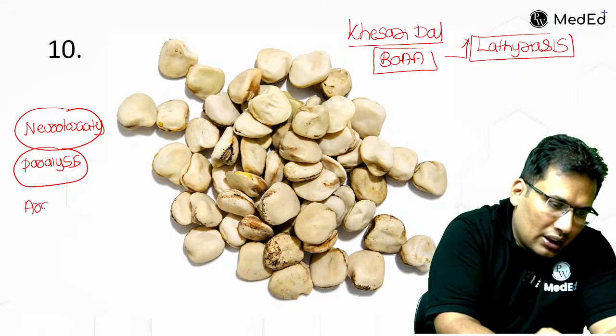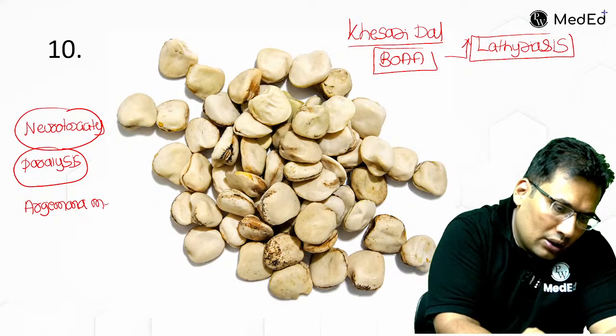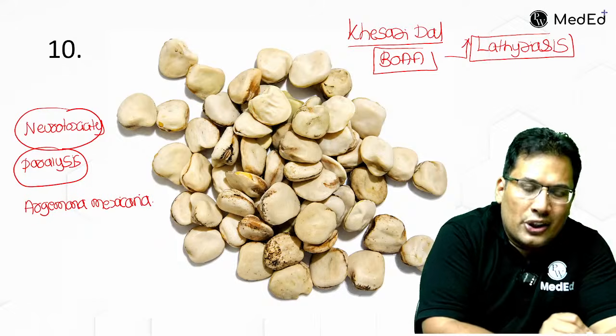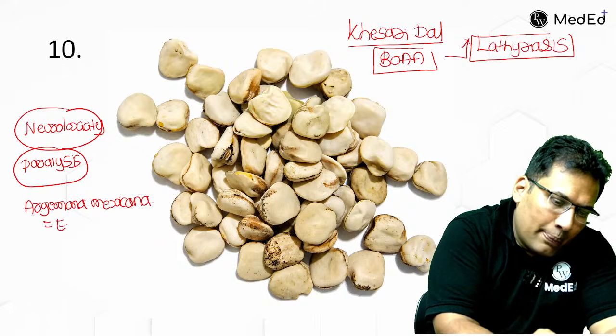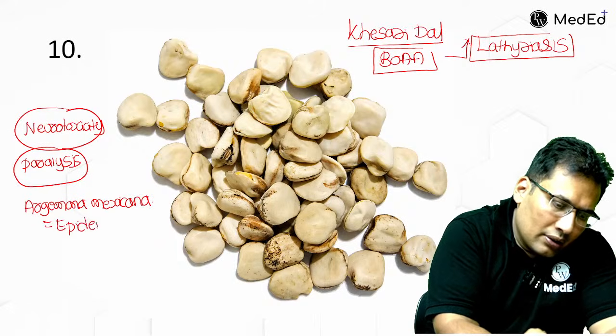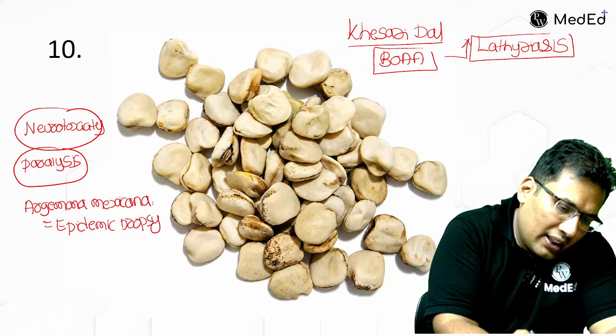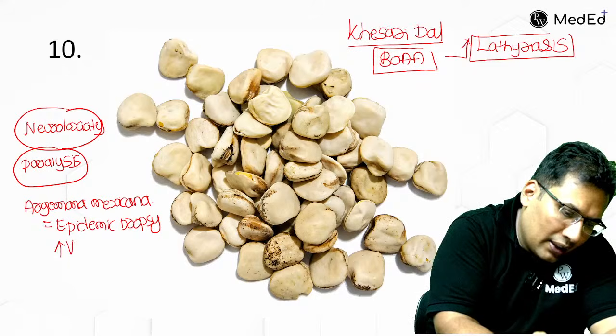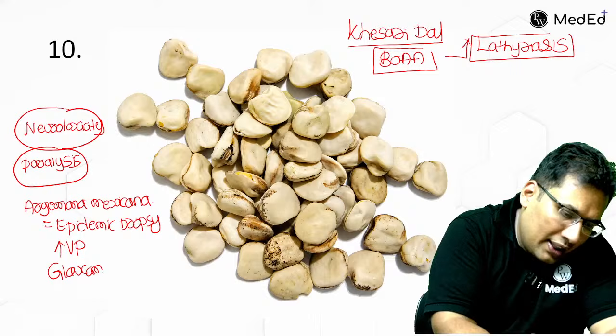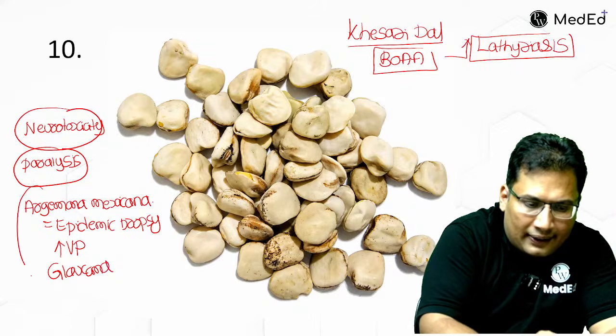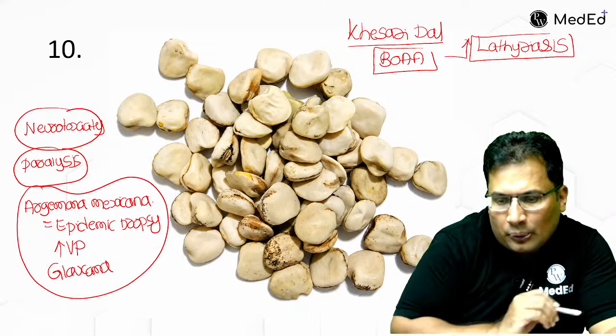Argemone mexicana. Argemone mexicana leads to epidemic dropsy. So this increases venous permeability, glaucoma, edema and death. This can be MCQ.